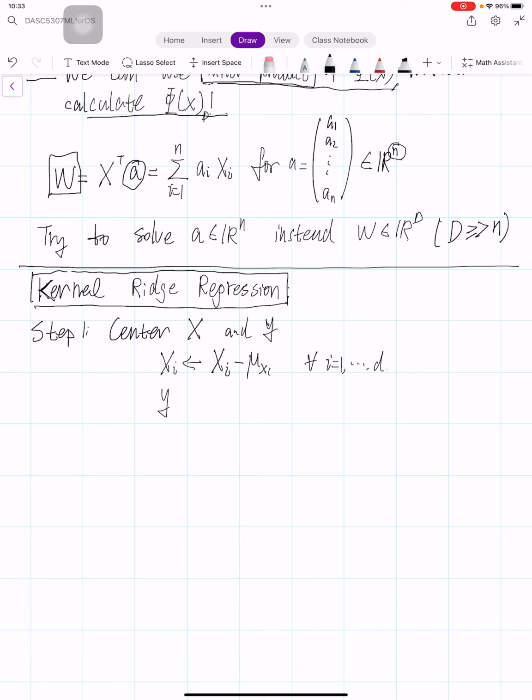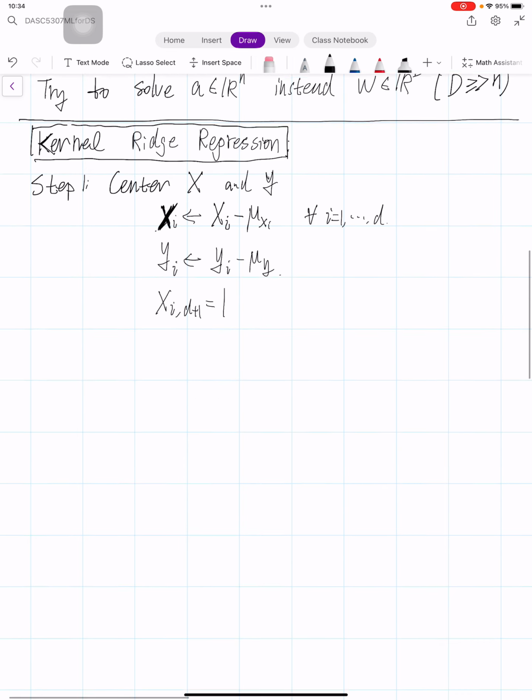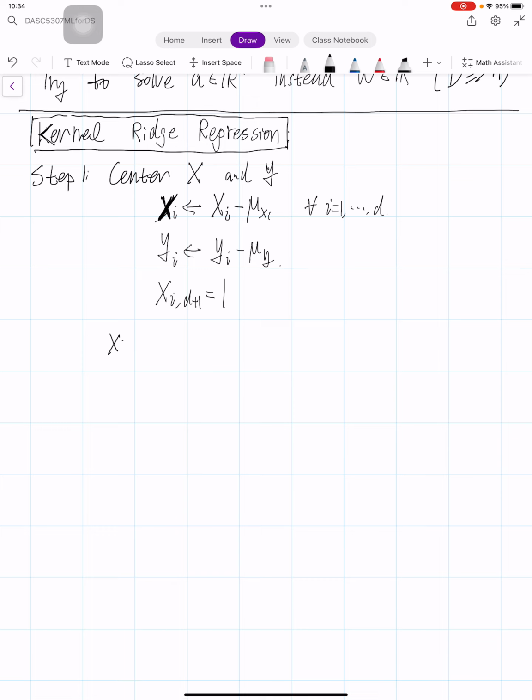The original data has small d features in the design matrix, and we centralize these. We also need to centralize the output labels, y minus mu_y. The last column in the design matrix we usually set to 1, the d plus 1 column. So our design matrix now looks like x1, ..., xd, and a vector of ones, which corresponds to the intercept.